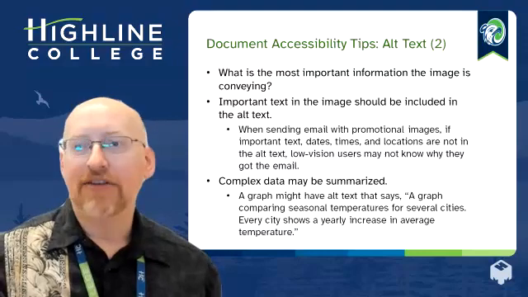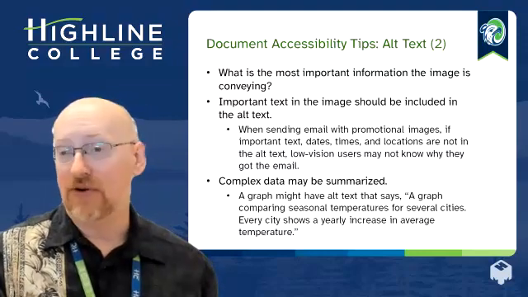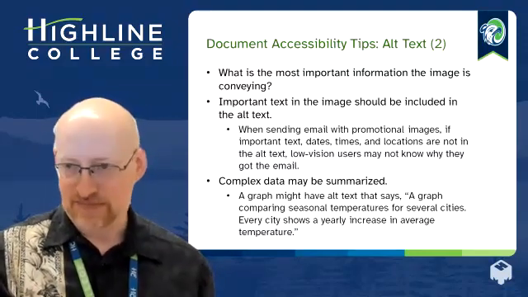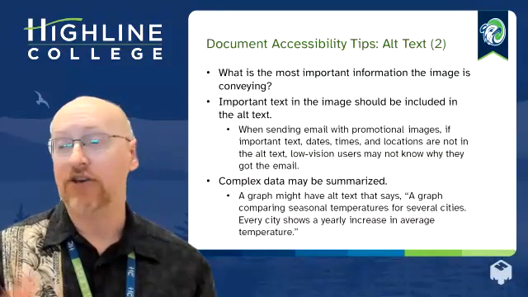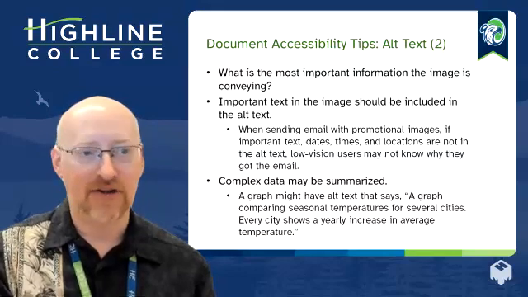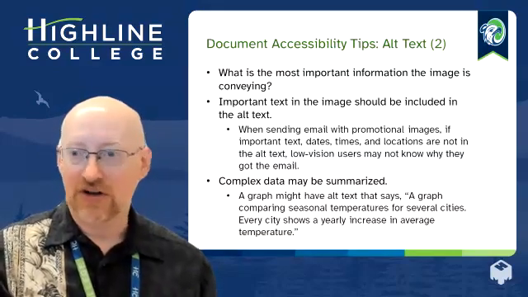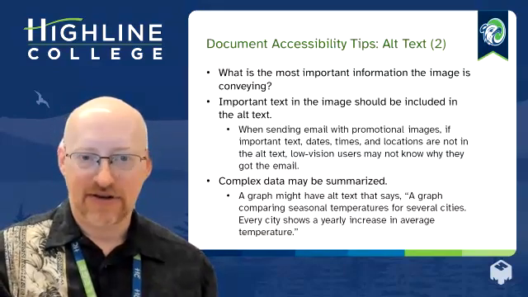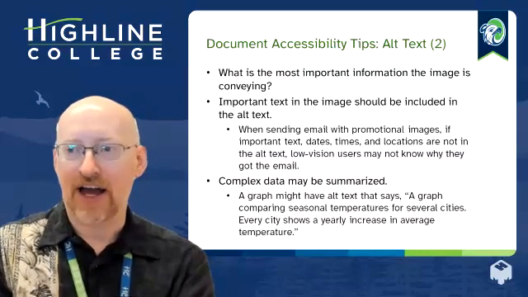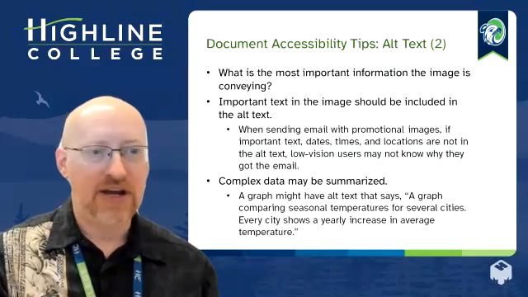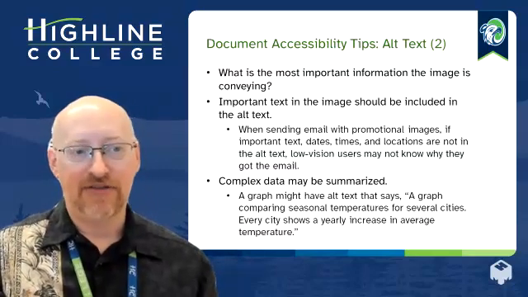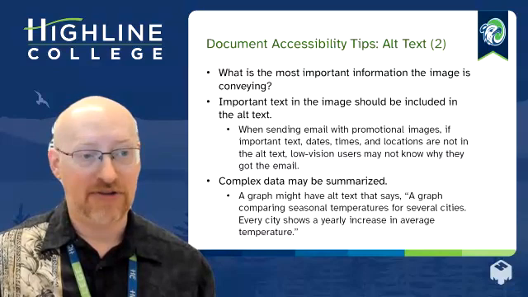If there's complex information, like if you're an instructor who's creating a textbook, or if it's an annual report or something along those lines, there may be a graph or a chart. You don't necessarily have to map out every point, every line in the chart. But in my example here, you might have alt text that says, this is a graph comparing seasonal temperatures for several cities.